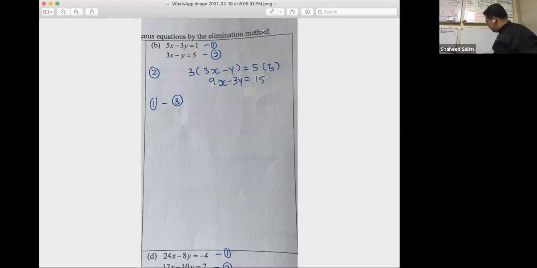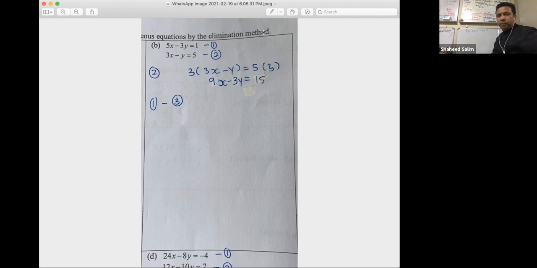Now, I'm going to write what you have written. You wrote 5x, minus 3y equals 1. And this is equation 1, you see. Right?